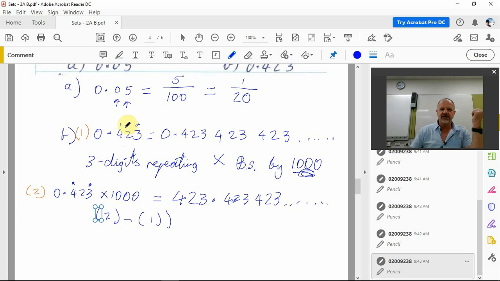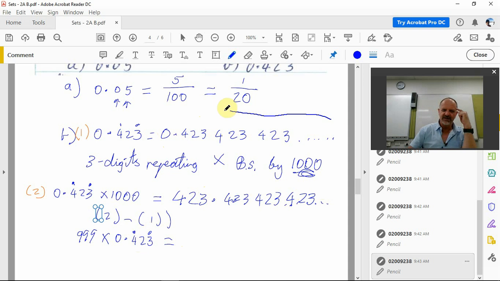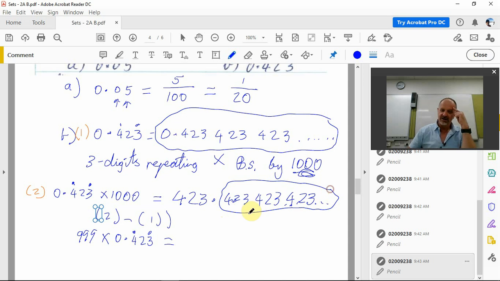So if I've got 1,000 and I take 1 off, I've now got 999 lots of 0.423 repeating. That's nice, isn't it? Then over here, I've got 423, 423, 423, and of course that continues. So if I take all of these away from here, then I'm left with 423.